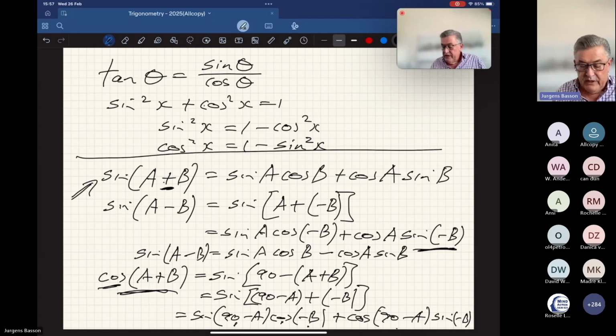Now, ladies and gentlemen, about these compound angles, it's really important that your learners, they always tell me that it's on the formula sheet, so it's not a problem. I said, no, you must be able to recognize them. And to recognize them, you don't memorize them, you remember a pattern.